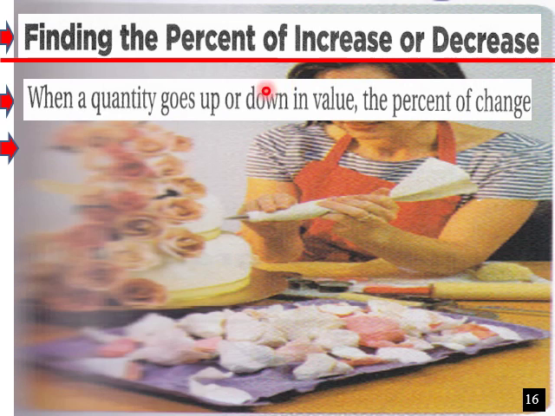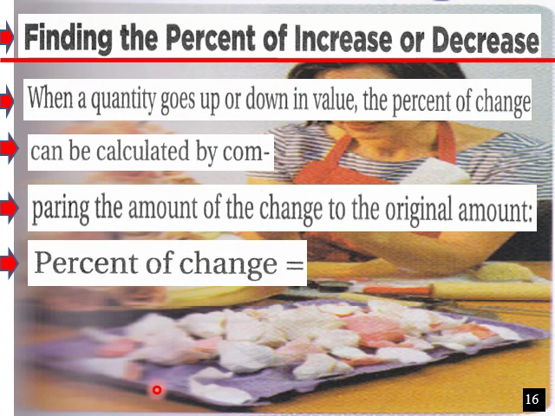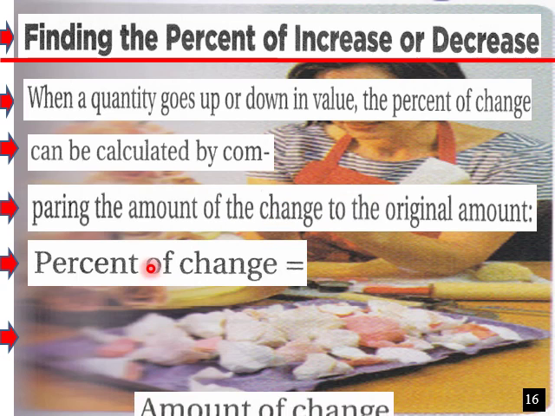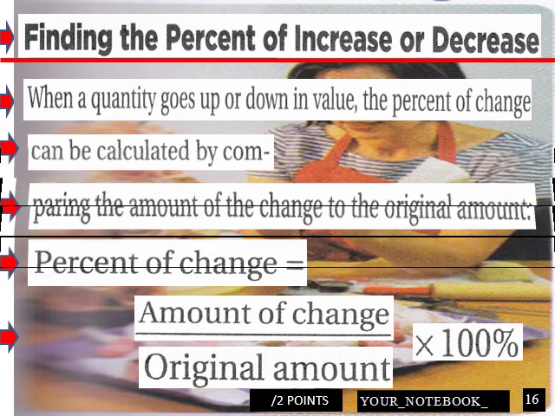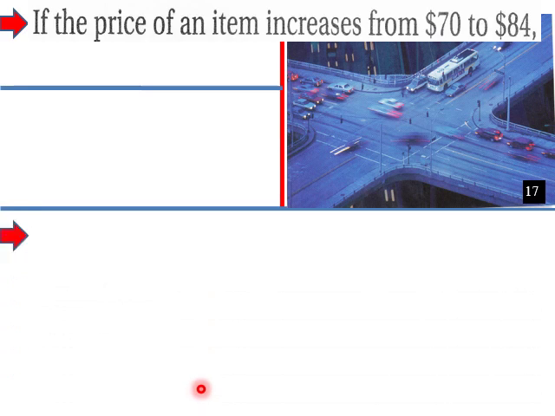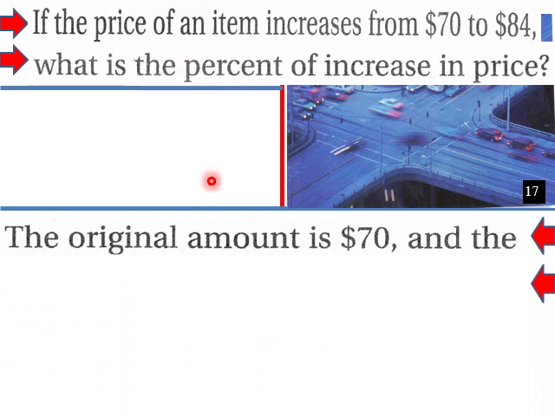So finding the percent of increase or decrease. We have a comparison here. Percent of change equals the amount of change over the original amount, times 100%. So if the price of an item increases from 70 to 84, what is the percent of increase?